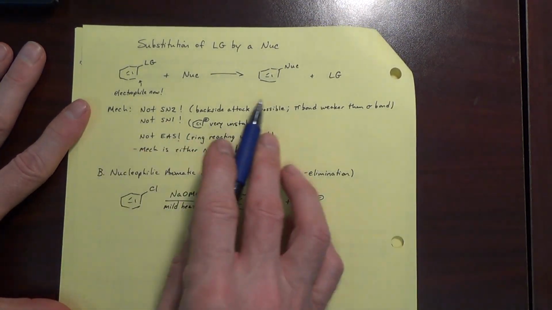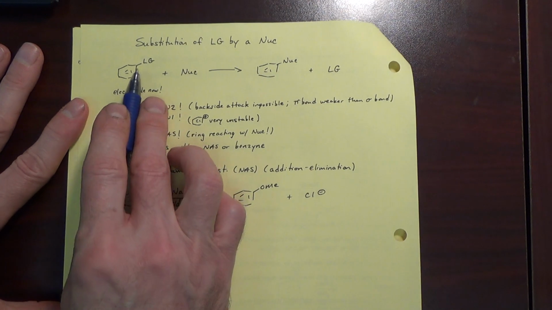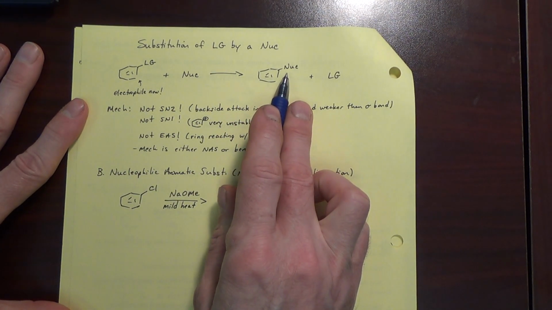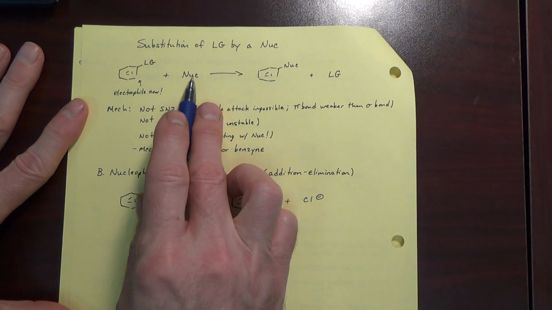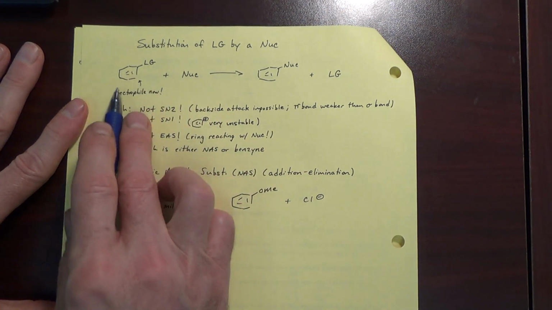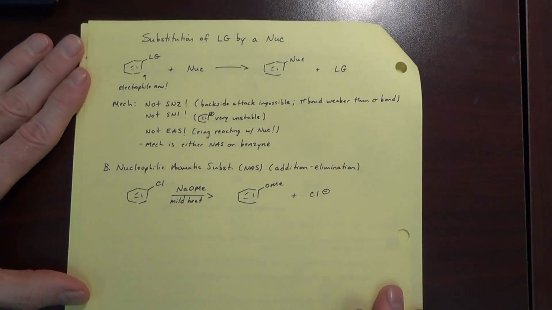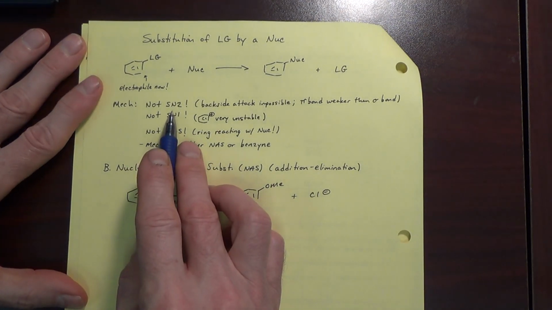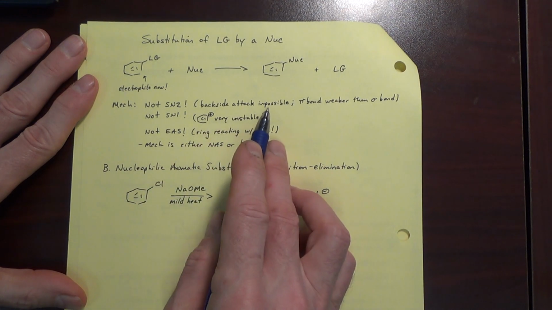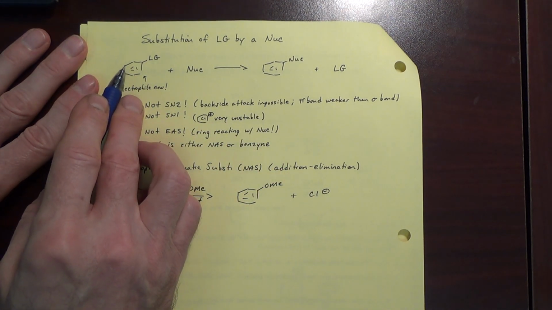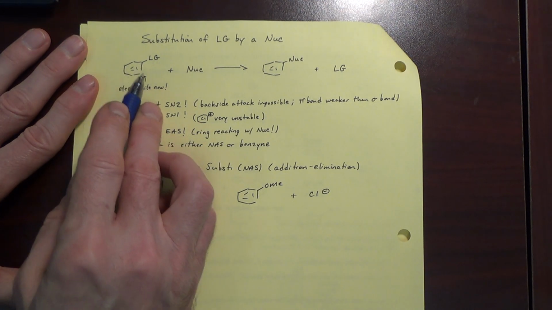This shows a general overview. Aromatic ring with a leaving group, some type of nucleophile. Nucleophile replaces the leaving group. If this is the nucleophile, the ring must be an electrophile now. As I mentioned, the mechanism is not SN2 because backside attack is impossible. Okay, backside you'd have to come in through this ring.